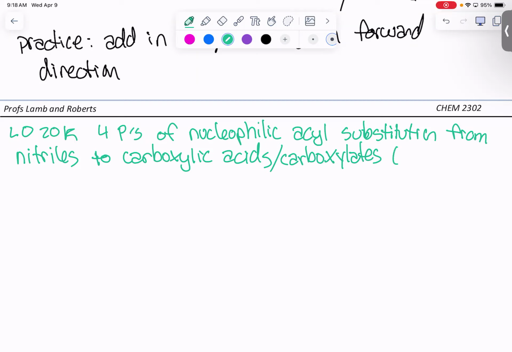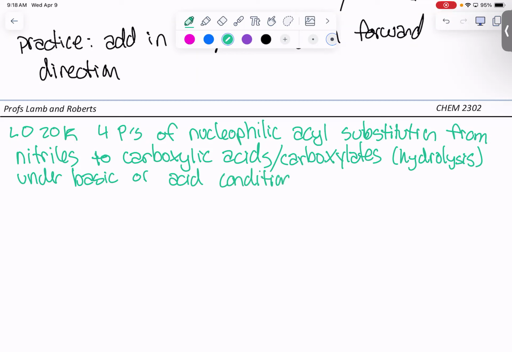And so we call this hydrolysis as a class of reactions. We're going to do this under both basic and acidic conditions. All right, so this is a pretty long learning objective. So let me see, this is 20.16 in your book.